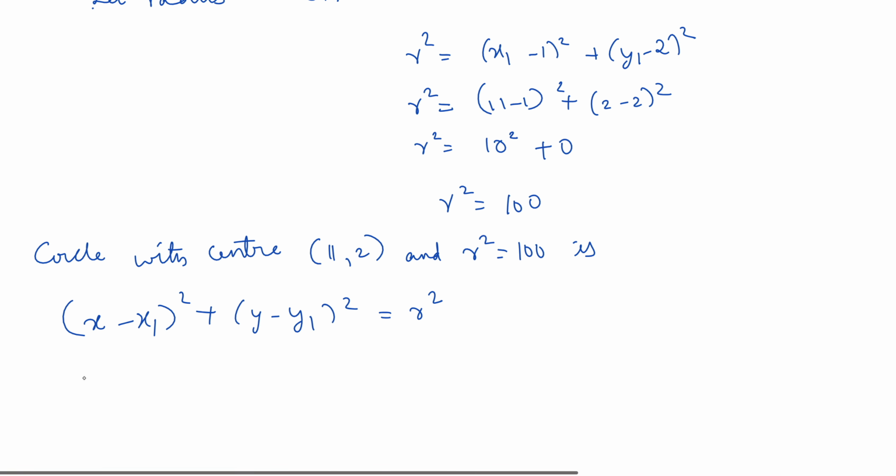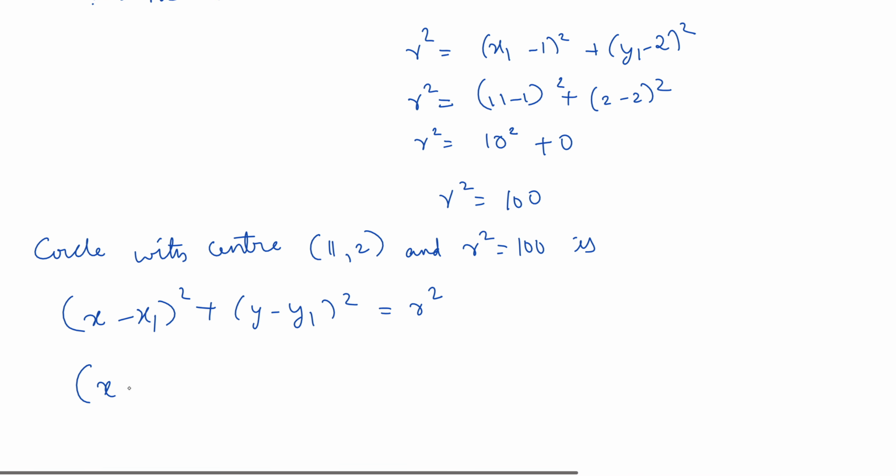This is the equation of the circle. Now let's substitute the center. (x minus 11) whole square plus (y minus 2) whole square equal to R square, which is 100. This is our equation of the circle.